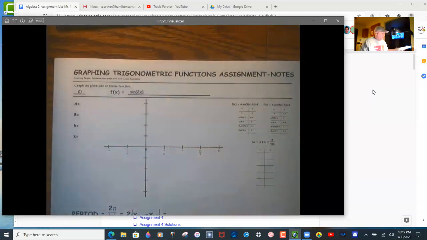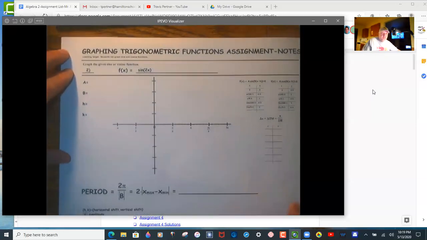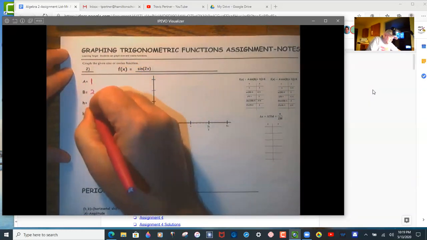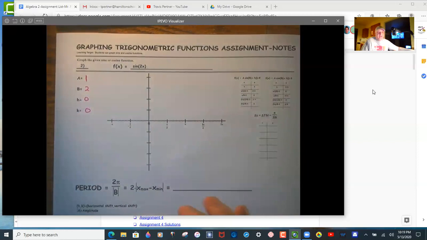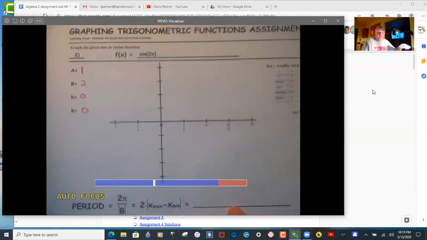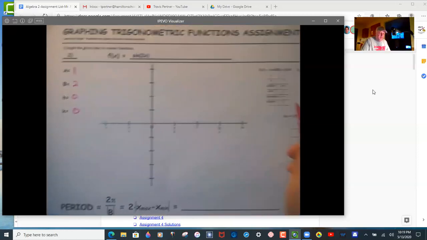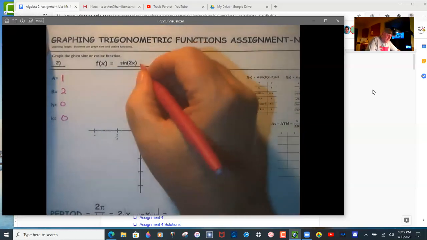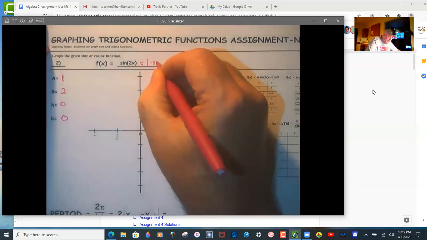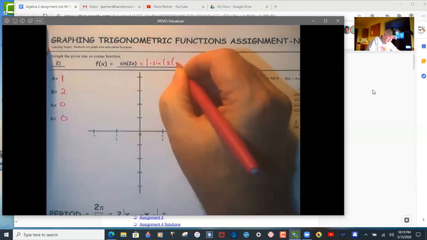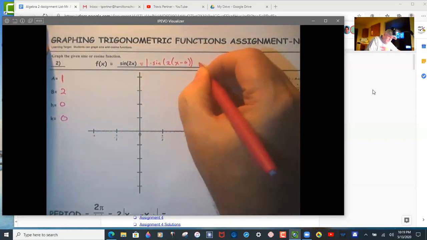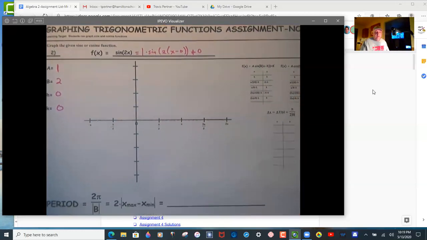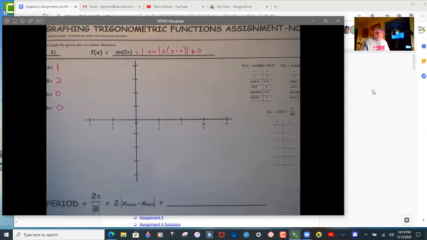Okay, number 2, sine of 2x. So we have to do the same thing here that we did to start with before. We have to identify the A, the B, the H, and the K. You have to see it like this. You do not see any H or K value yet for shifting.